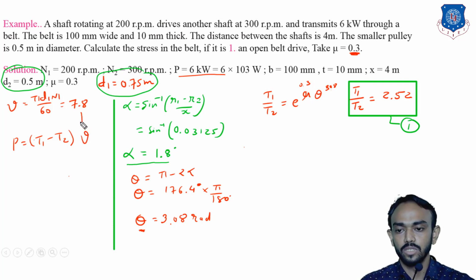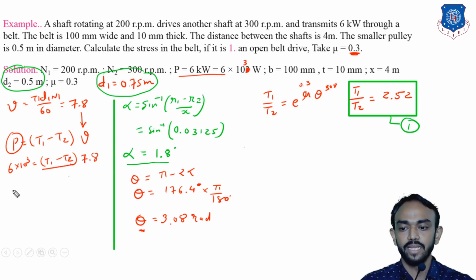You will put this value here, and for power, check this: power is 6 into 10 raised to 3. So 6 into 10 raised to 3 is equal to (T1 minus T2) multiplied by the velocity 7.8 meters per second.